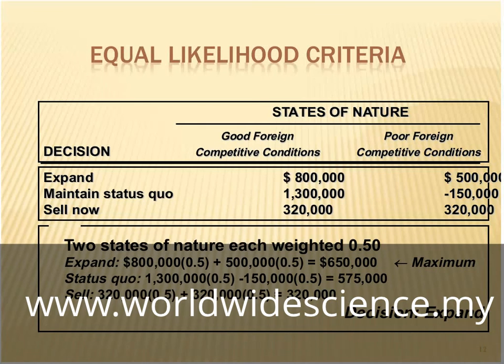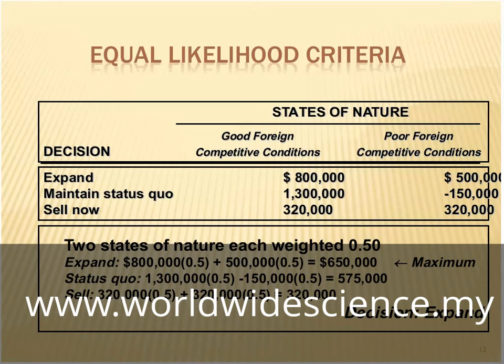In the equal likelihood criteria, you do the same as Howard's. But as you see, the name of this tool is equal likelihood. Equal likelihood means you should allocate an equal number to each of the states of nature. Because we have two states of nature, each state of nature is allocated 0.5.